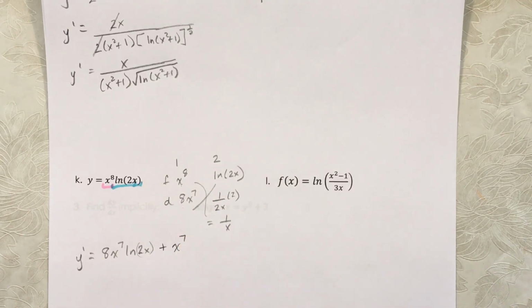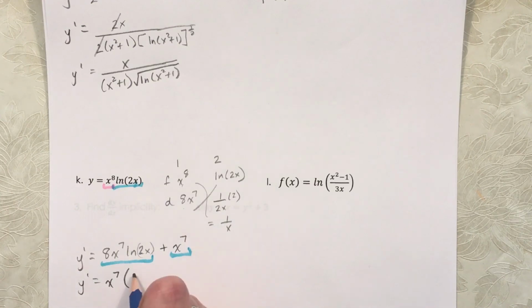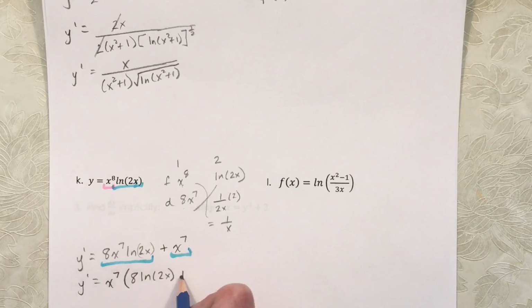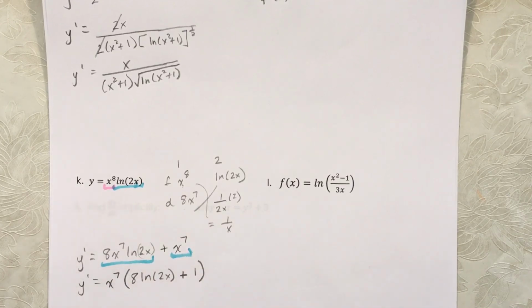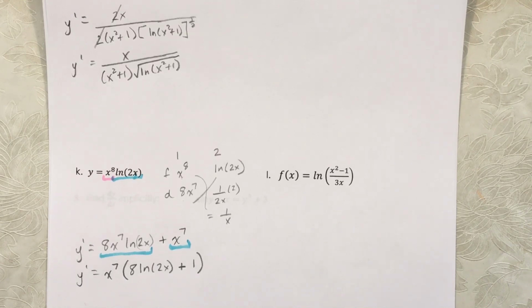So this one ends up being easy to put in factored form because there's a common factor of x to the 7th in both of those chunks. If I divide the first chunk by x to the 7, I'm going to get 8 times the ln of 2x. And if I divide x to the 7th by itself, I get 1. So there, that one would be in simplified factored form.